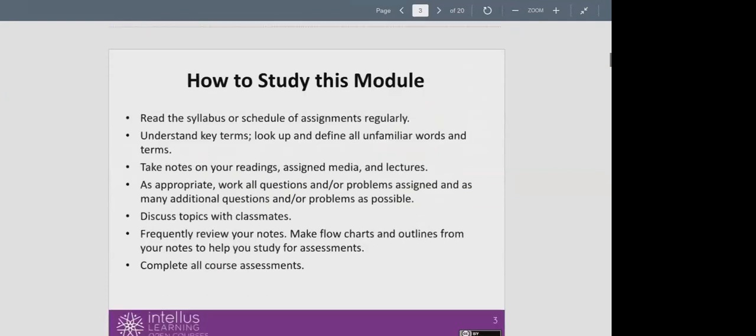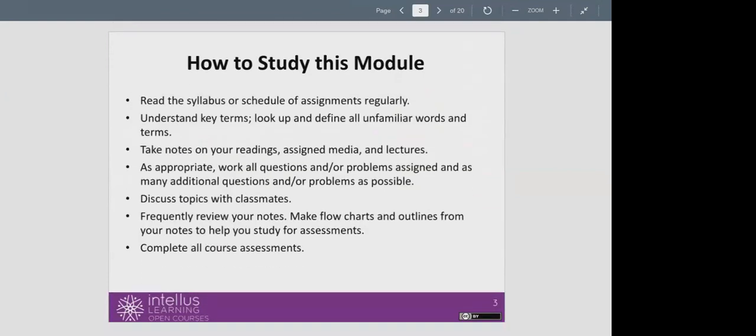Now, I'm going to highlight this screen just for a moment, the How to Study module. If there was ever a time when you needed to be diligent about approaching this material and how to study this material and utilizing these items I have listed here to help you, this would be a time for it.